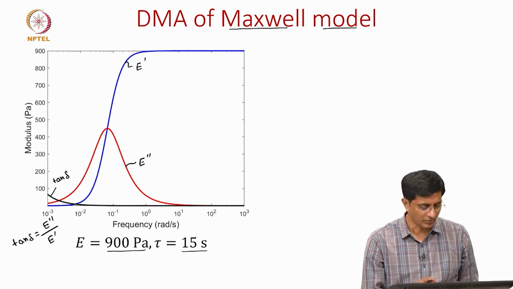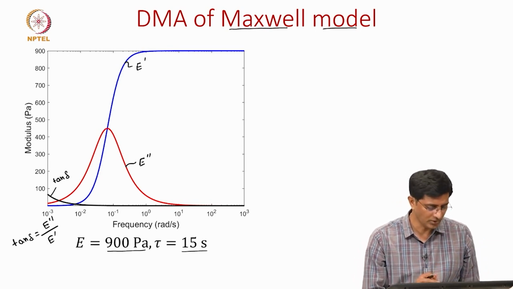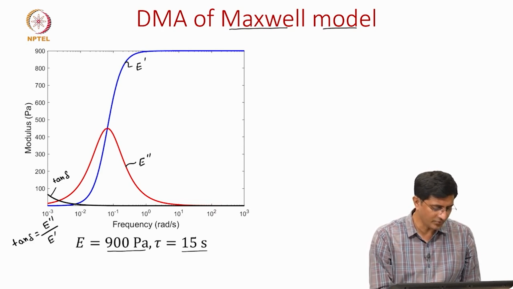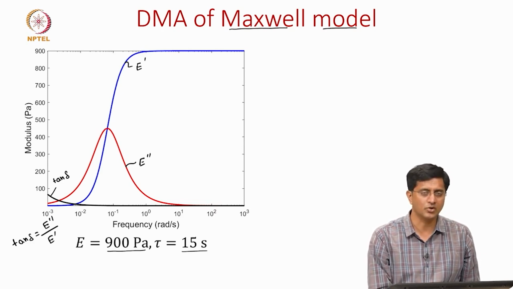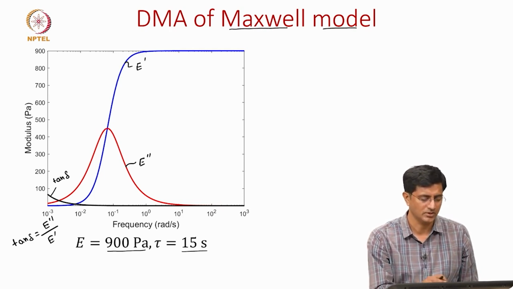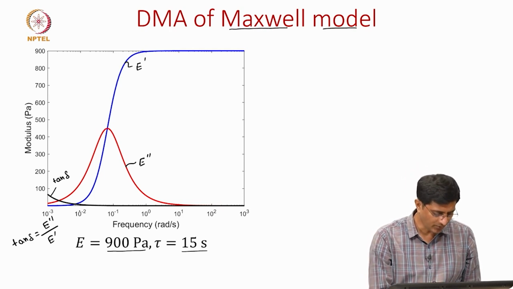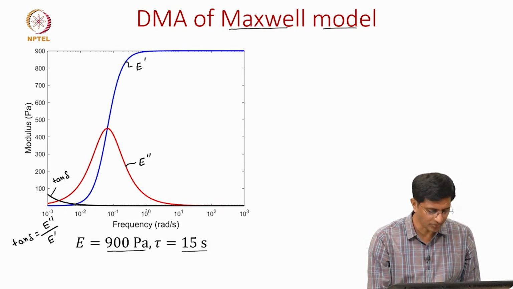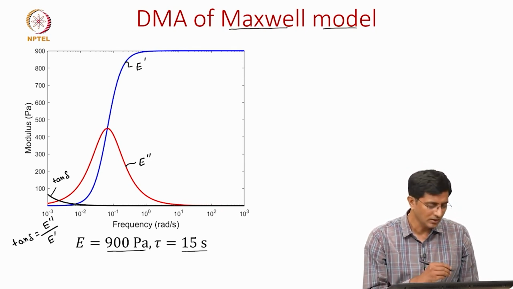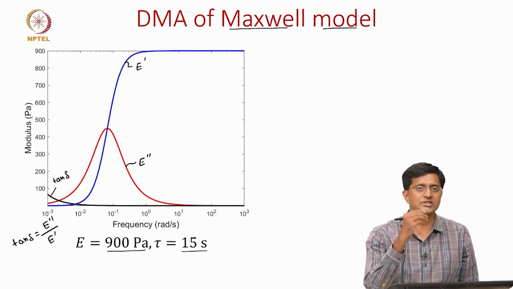Okay. So, let us focus on the storage modulus, we see at very low frequencies it is almost constant. The same is true at high frequencies, the value is constant. But at intermediate frequencies, let us say between 10 power minus 2 and close to 10 power 0, that is where the modulus values increase significantly.